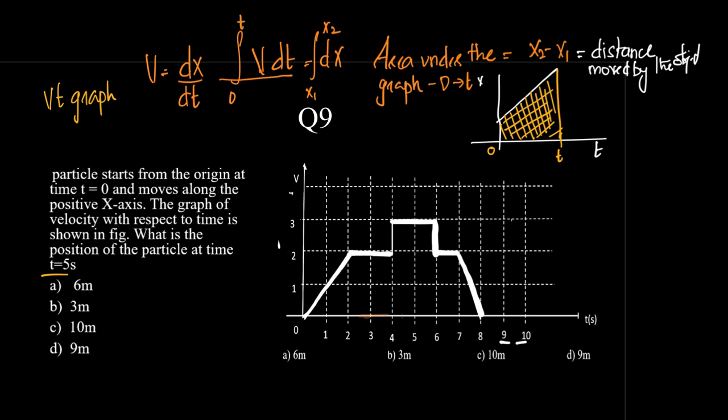All right. And t is equal to 5 is what we've been asked to find out. Okay. So what we'll do is we'll split this figure into 3 different figures. 1, 2, and 3. Let me shade them for you.